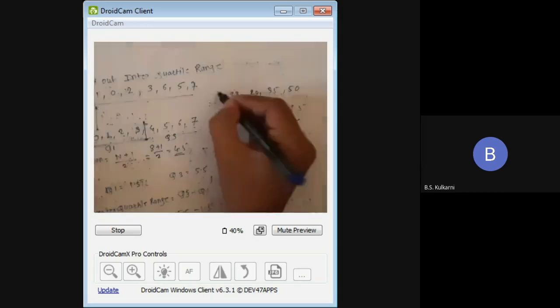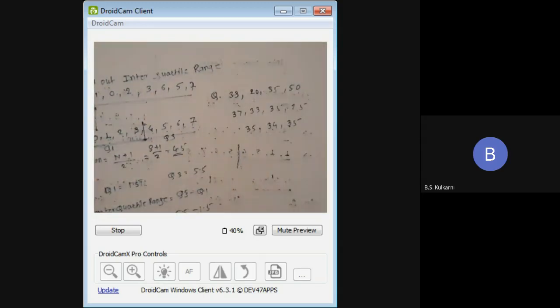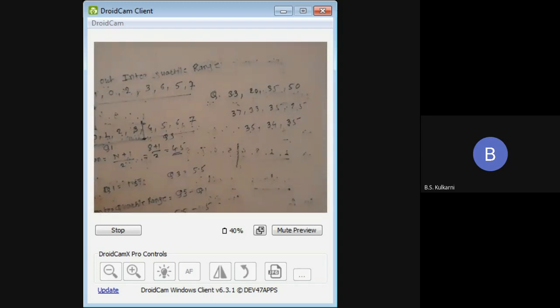This is the next example. Find out the interquartile range.